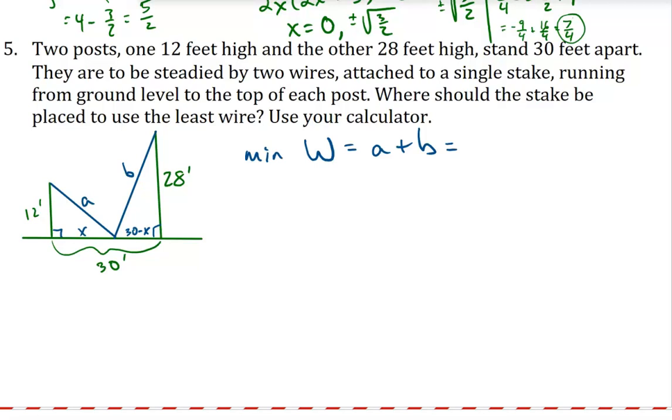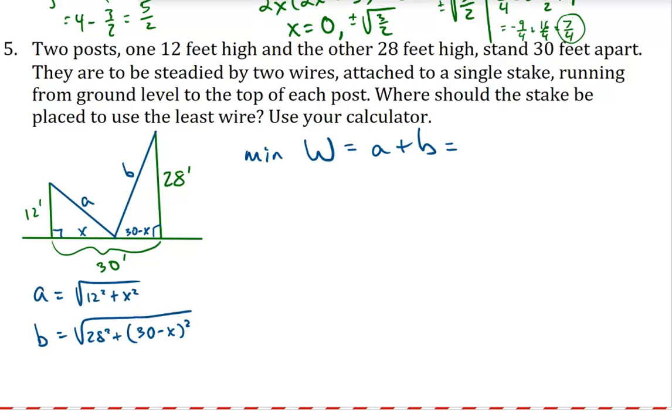So what that will allow me to do is use a Pythagorean theorem expression to write A in terms of x, and then also write B in terms of x. So A is the square root of 12 squared plus x squared, and B is the square root of 28 squared plus the quantity 30 minus x squared.